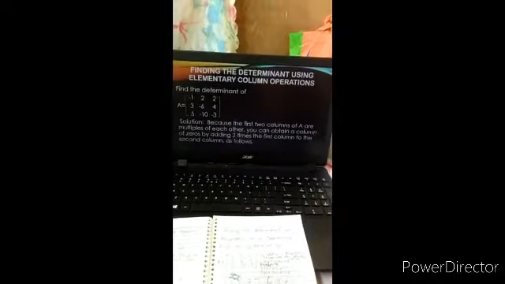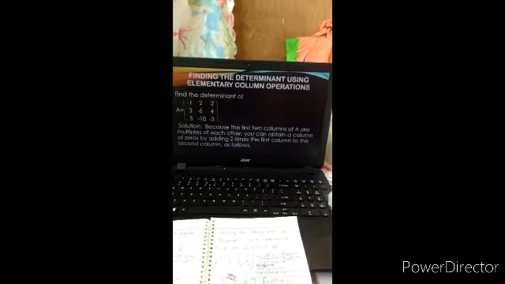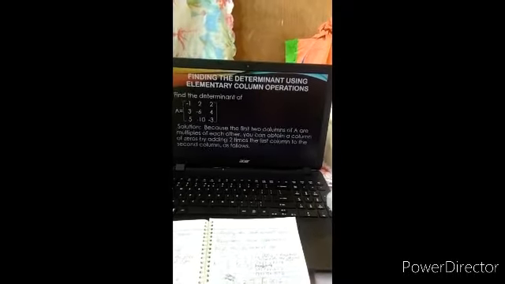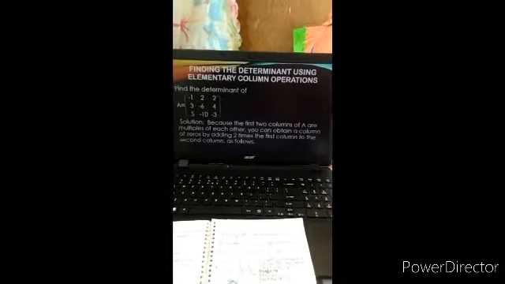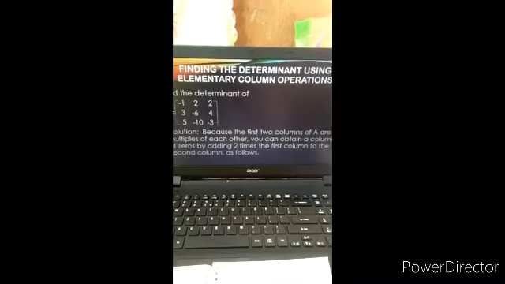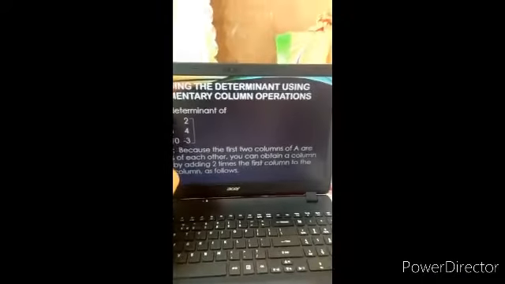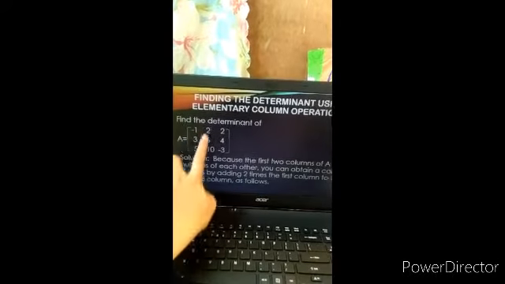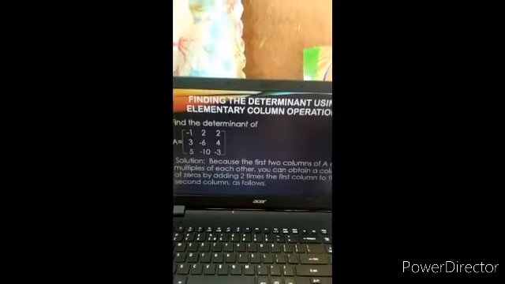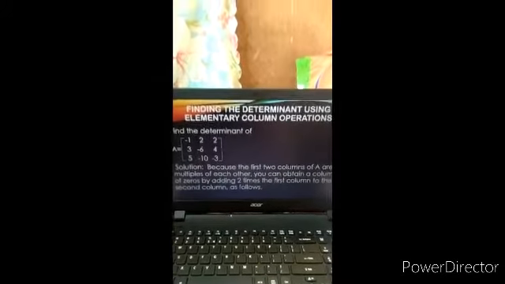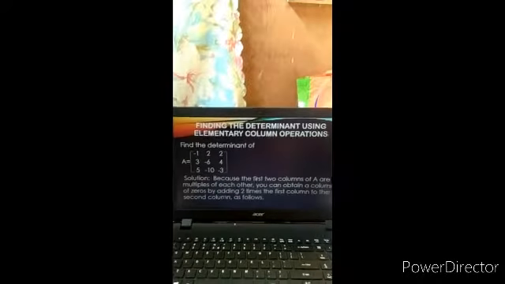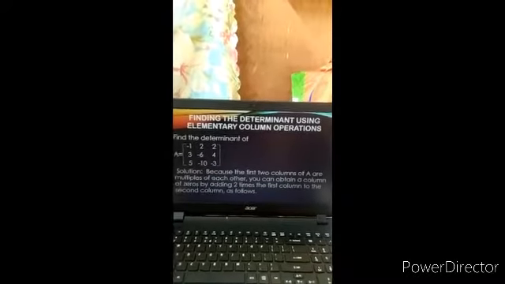So now, let's proceed to finding the determinant using elementary column operations. Find the determinant of this 3 by 3 matrix. Because the first two columns of A are multiples of each other, you can obtain a column of zeros by adding 2 times the first column to the second column as follows.